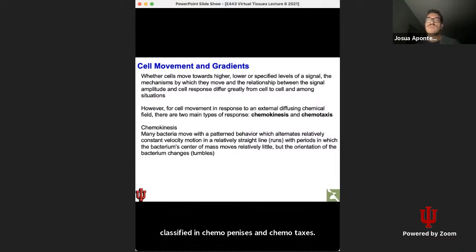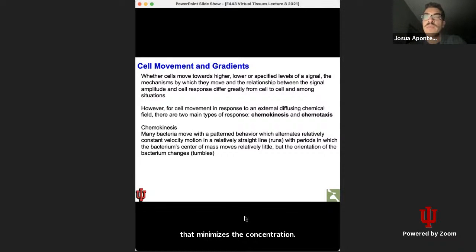Chemokinesis is usually the main way in which bacteria will move, and it is a combination of some sort of directed, persistent movement up or down a gradient. Cells do not always move up a gradient, right? There might actually be a chemorepulsant that makes cells move in the direction that minimizes the concentration.